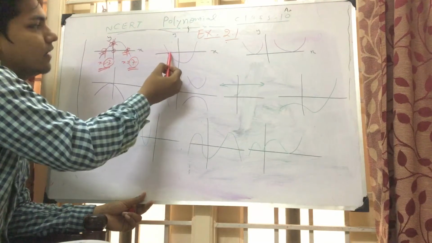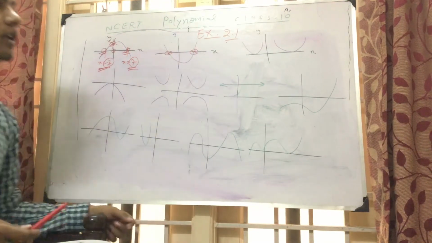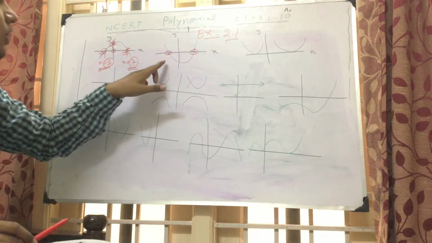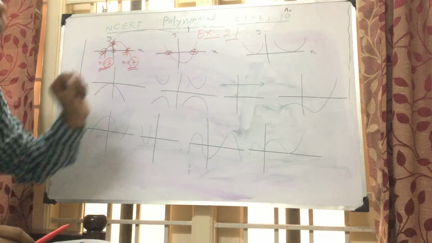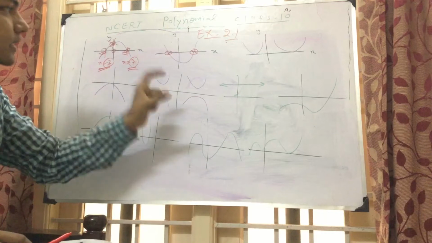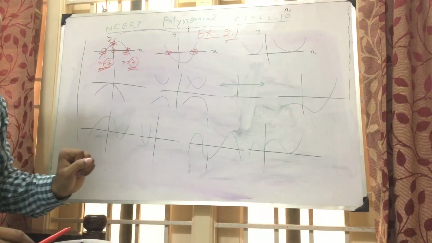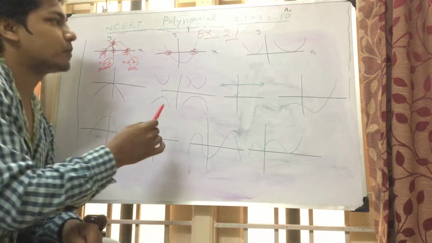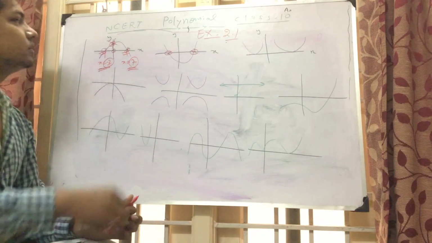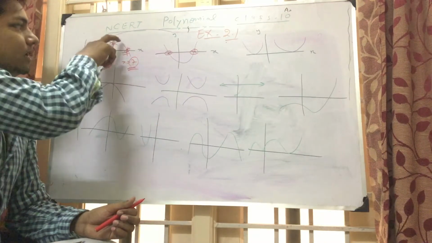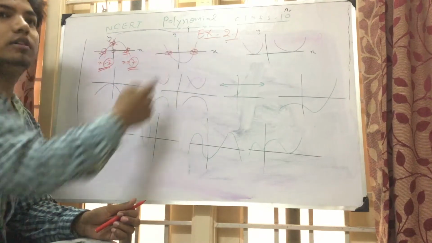Now similarly here we are having 2 points. Again I am saying, don't look at the y-axis intersection point. We have to only look at the intersection points on the x-axis. We are having 2, correct? Now see, and don't be confused, this is downward, this is upward.